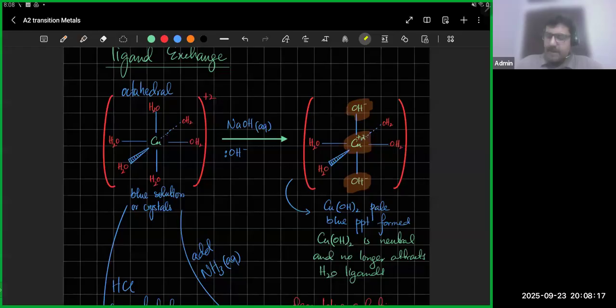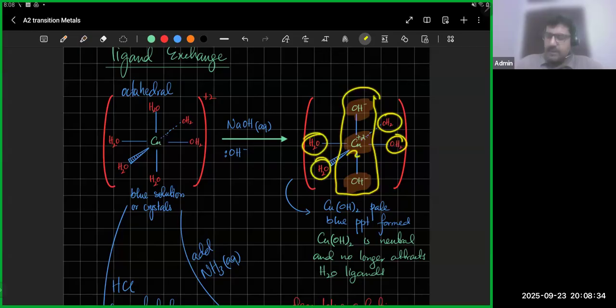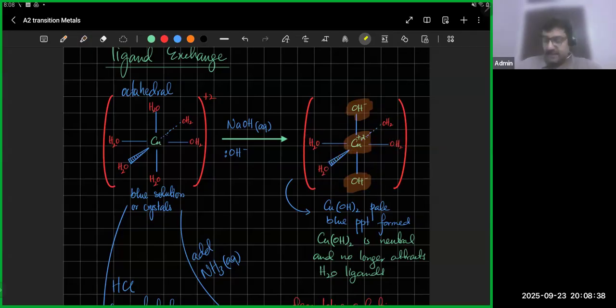Only 2 of them will surround it, because after the first 2 OH- ions, the complex becomes completely neutral. So it stops attracting the lone pairs from water, because it's copper +2 and OH -1. They end up forming a neutral compound, Cu(OH)2, a pale blue precipitate. So Cu(OH)2 is neutral.